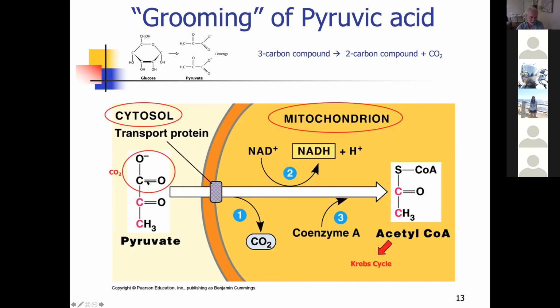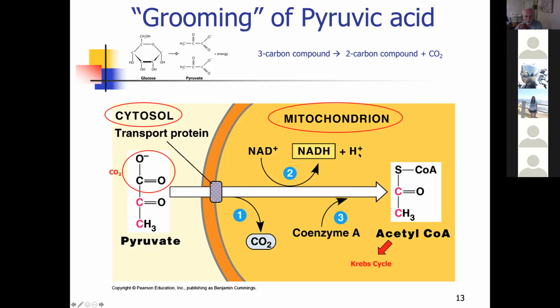So again, we're back in the cytoplasm. We have pyruvate from glycolysis. This is its structure. It's got these 2 red carbons plus a carboxyl here, which is the equivalent of carbon dioxide, CO2. And this carboxyl is liberated as the gas carbon dioxide at the time pyruvate enters the mitochondria.